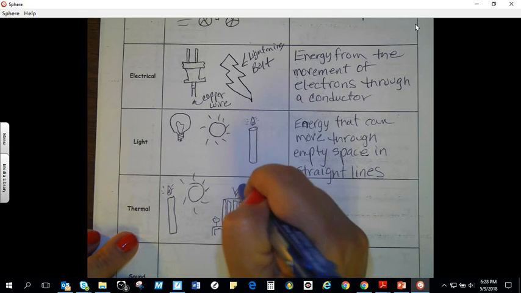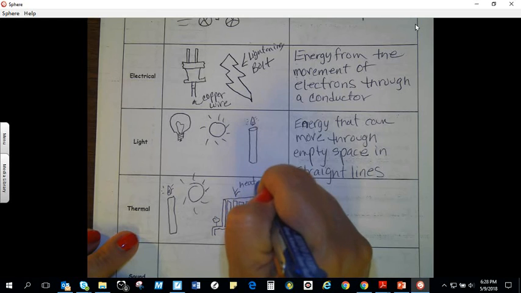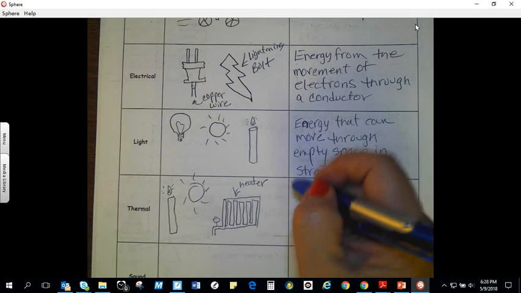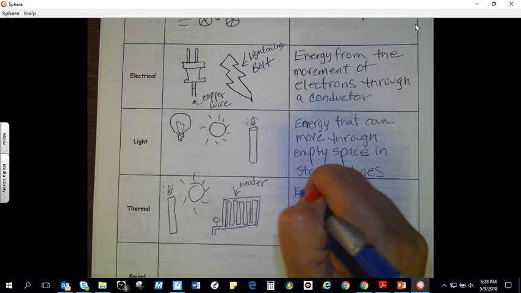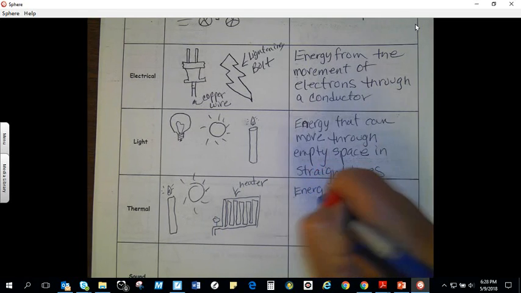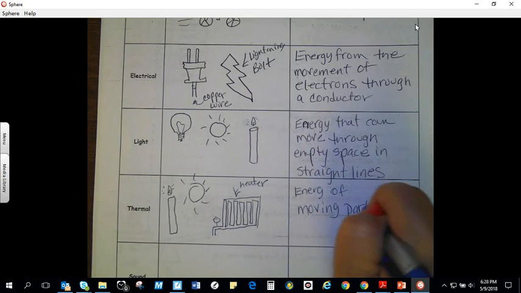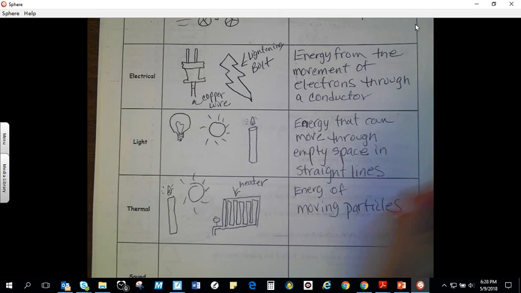Heater. Label that heater. Y'all are much better drawers than myself. Okay, so thermal energy is energy of moving particles and that's the heat.